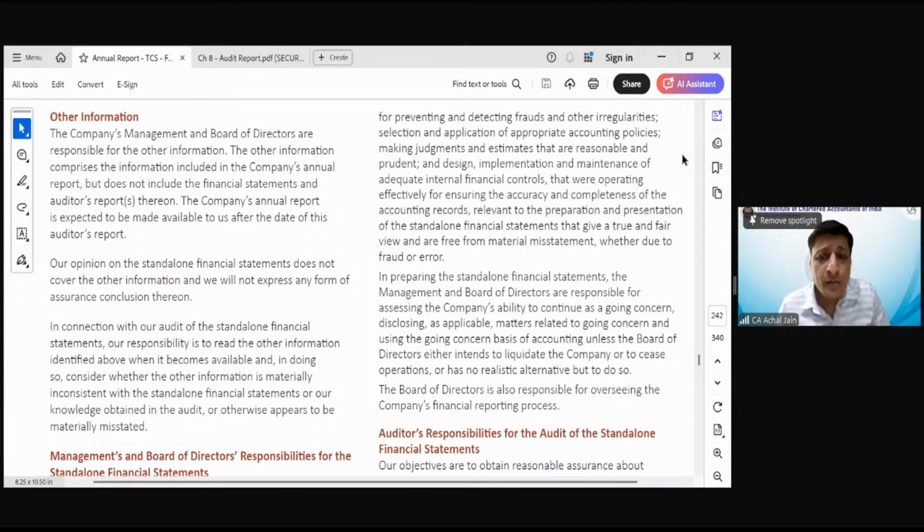You will pull out this document. If you want to go through the financial statements of this company for any reason, how will you access that?